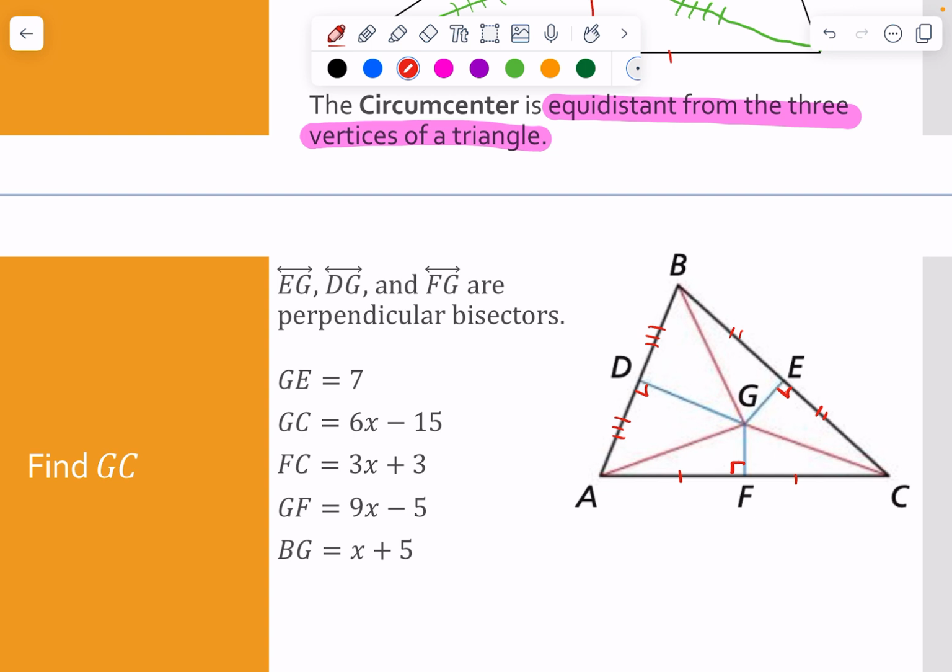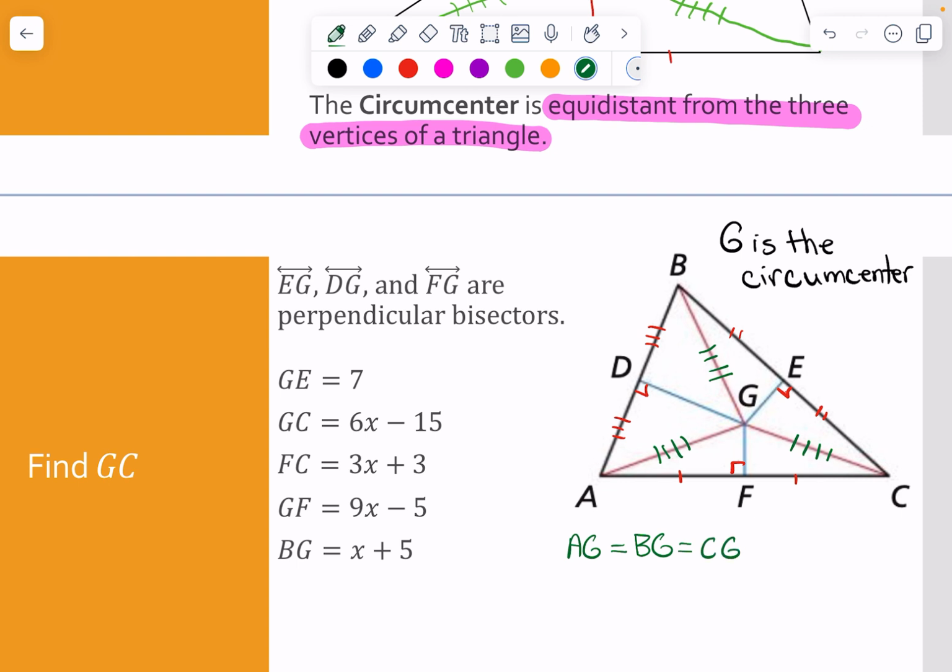I also know then that this point G is the circumcenter. So remember, that tells me that BG, AG, and CG would all be equal to each other. Okay, so I'm just going to write that down here. I know that AG is equal to BG is equal to CG.